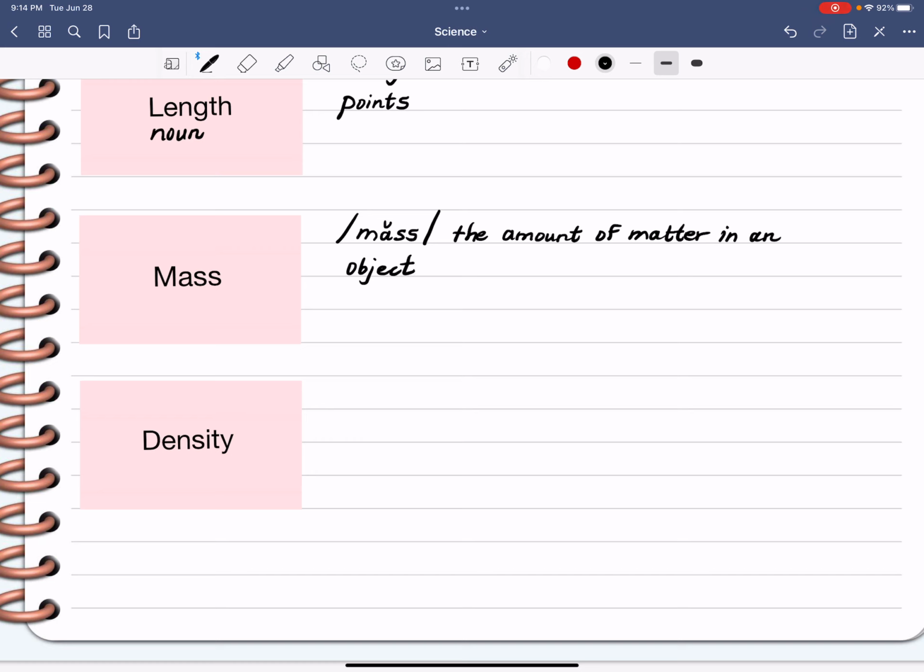It's not the same thing as weight. Weight depends entirely on the pull of gravity. Mass is how much matter the gravity's pulling on. Okay, so mass and weight are often used interchangeably, but they're not the same thing in a science book.